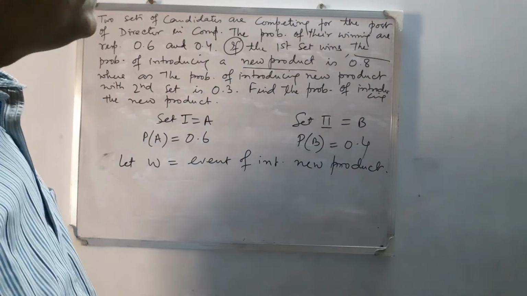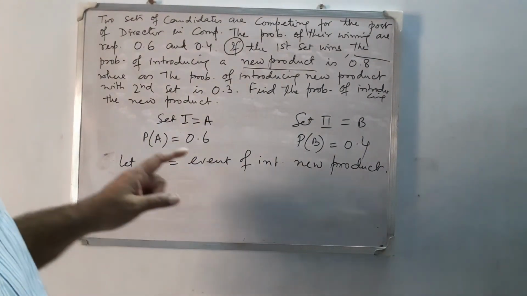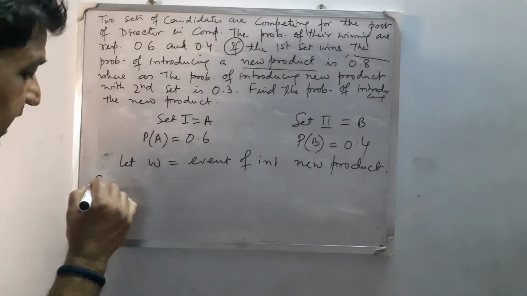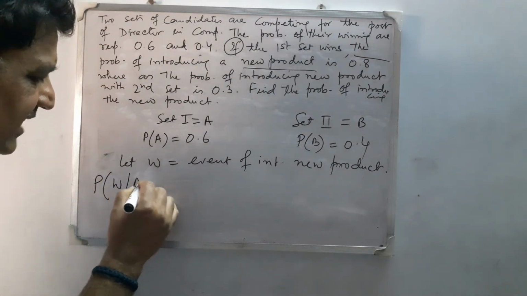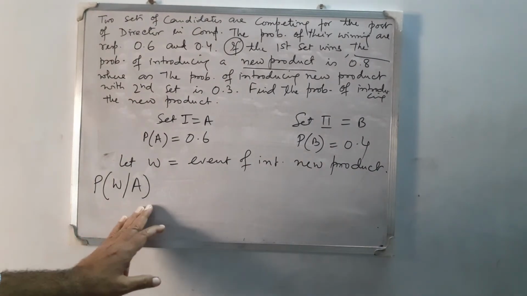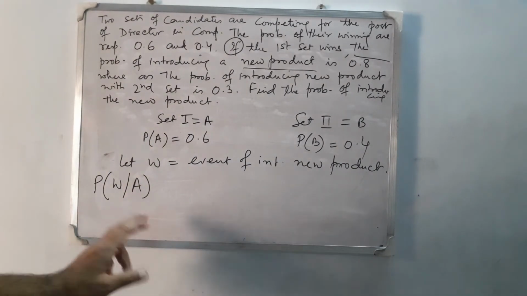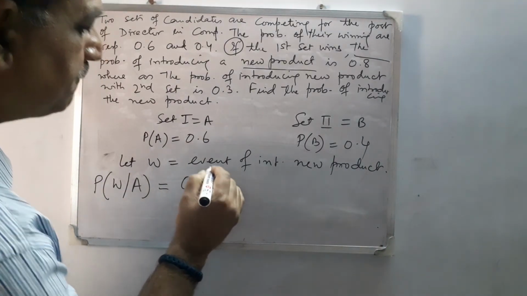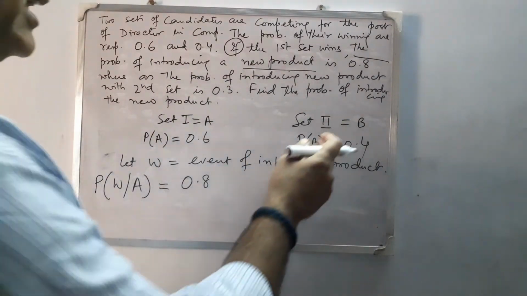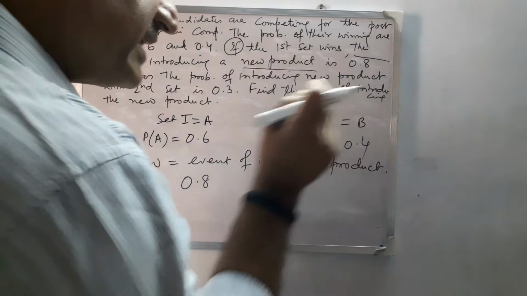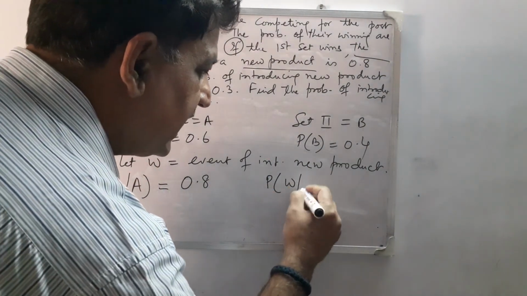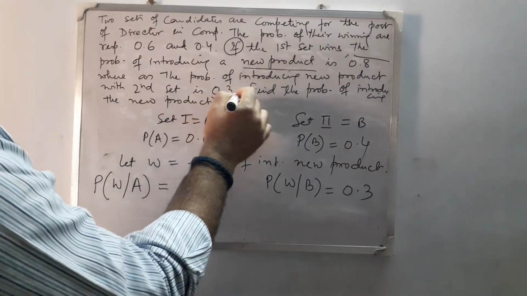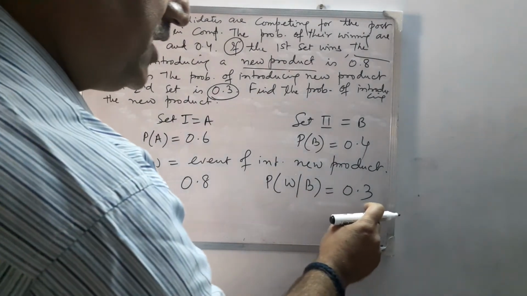This means event A will occur first, and after that W will occur. So we can write this using conditional probability: PW/A, the probability of W given that A wins, is 0.8. In the same fashion, the probability of introducing a new product if the second set wins, PW/B, is equal to 0.3.